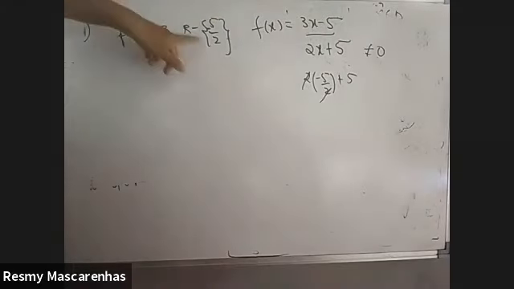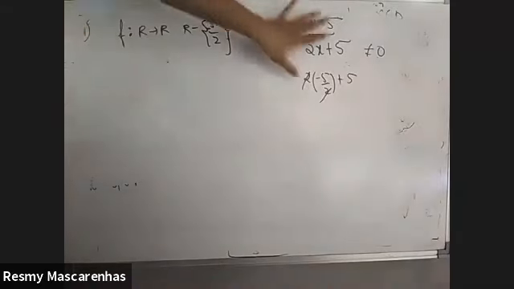I just told you why they give it, but it will not affect your problem in any way. So the third answer is f inverse of x is equal to x minus 3 upon 2.